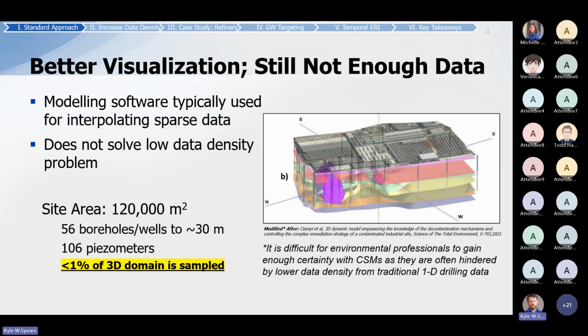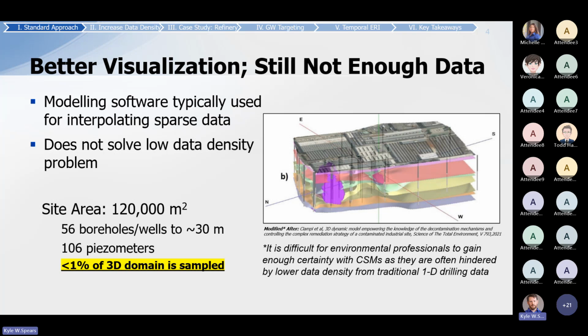If we take all of that three-dimensional space, and we're very generous, we give a 1 meter diameter to every hole drilled and go down to 30 meters, and we think about the volume of the actual subsurface that we saw versus the volume of the whole subsurface that we're investigating, it comes out to be far less than 1% of the 3D domain that is actually interacted with.